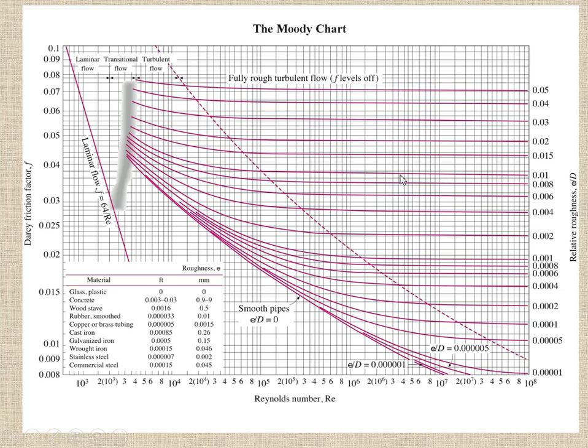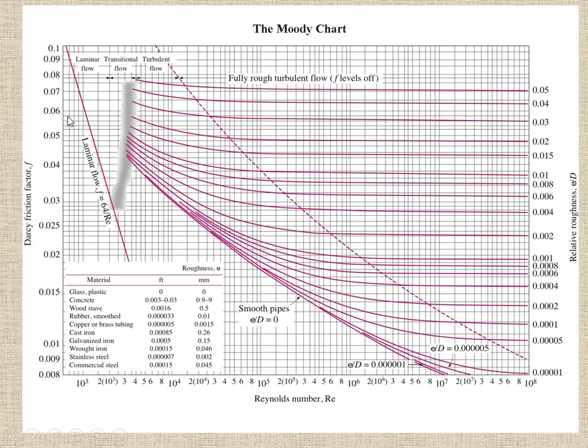We can differentiate this chart into three different regions. On the vertical axis we have the friction factor, which is also called the Darcy friction factor. f equals 64 over Re is for laminar flow, and for turbulent flow we have already seen the Colebrook equation.